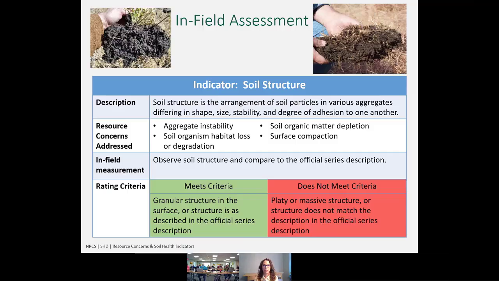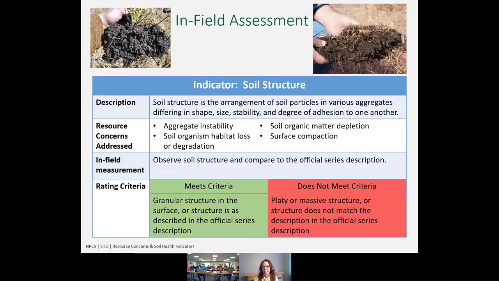There are a couple of images here that show very good, stable, granular structure in both of these samples at the top. So structure would not meet the criteria if you're seeing a change in the native structure, or it's different from a granular structure.